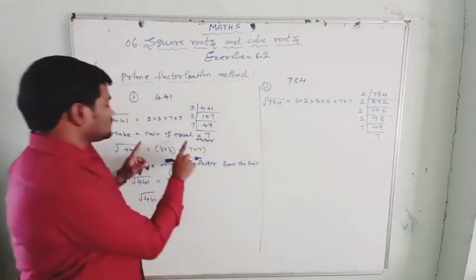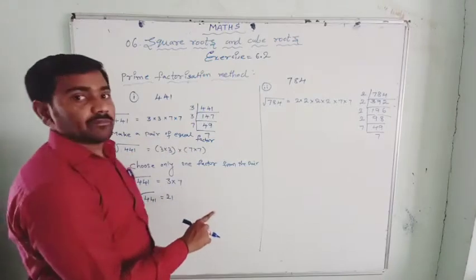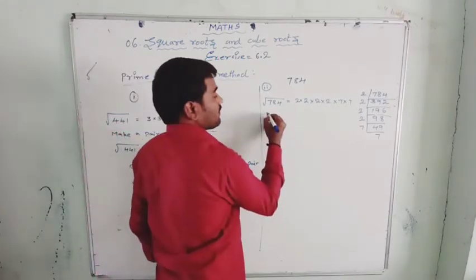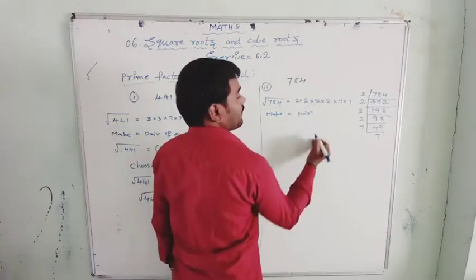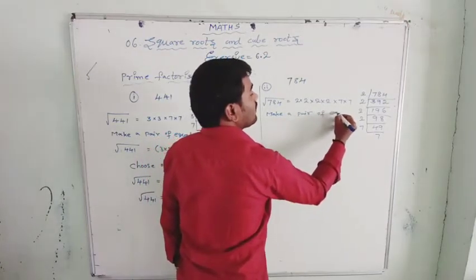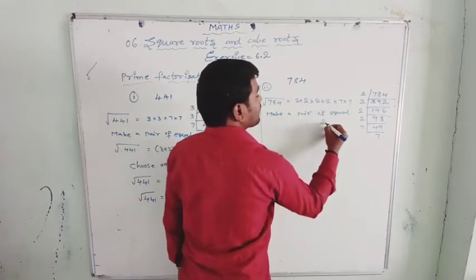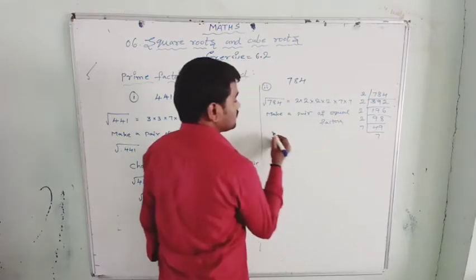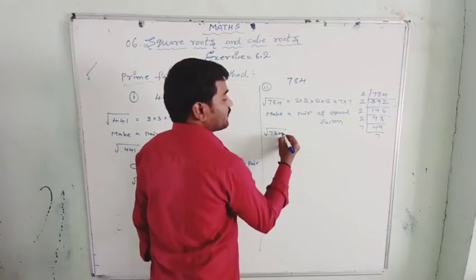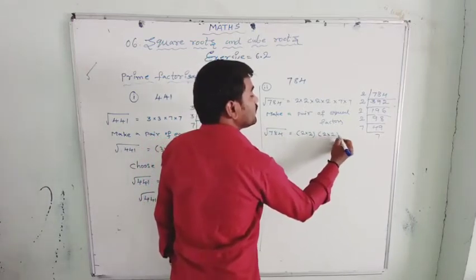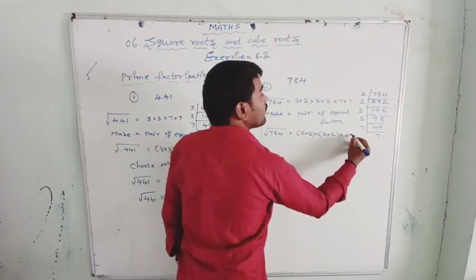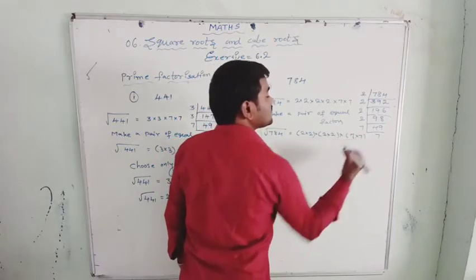So as I said, this we have to follow. Make pairs of equal factors. So square root of 784 is equal to 2 into 2, 2 into 2, 7 into 7.